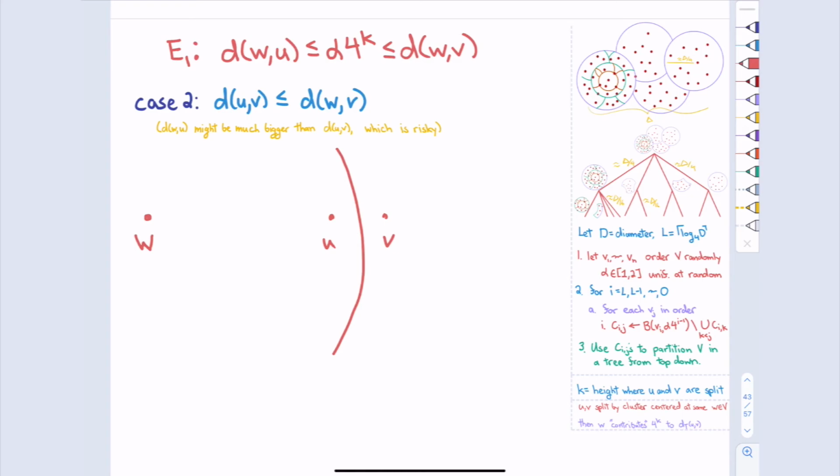So let's say that W is really big, so that it could fall in between.